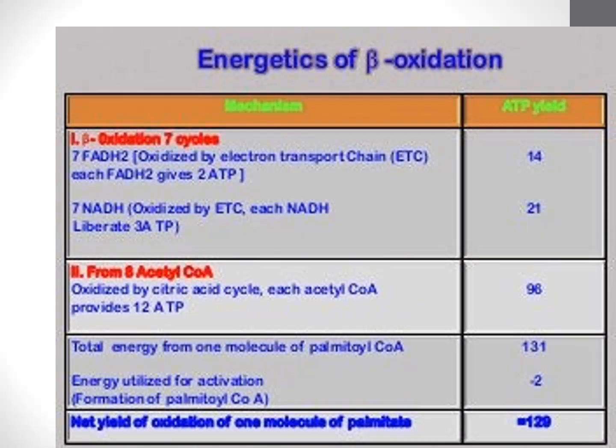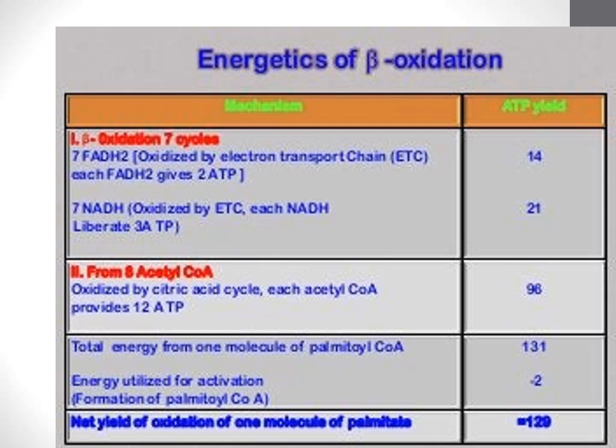So this is the final energetics of beta oxidation of palmitoyl-CoA. In the 7 cycles of beta oxidation, 14 ATP molecules get released from FADH2, and from 7 NADH molecules, 21 ATP molecules get released. So this is from the cycles. From 8 acetyl-CoA molecules, totally 96 ATP molecules get generated.